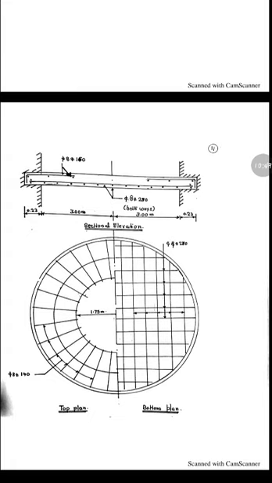So we are providing one ring of 8 mm diameter at the edge of the slab, at the support. So that ring is shown here. A single ring is provided, and that is how detailing of a circular slab with a fixed support is done.